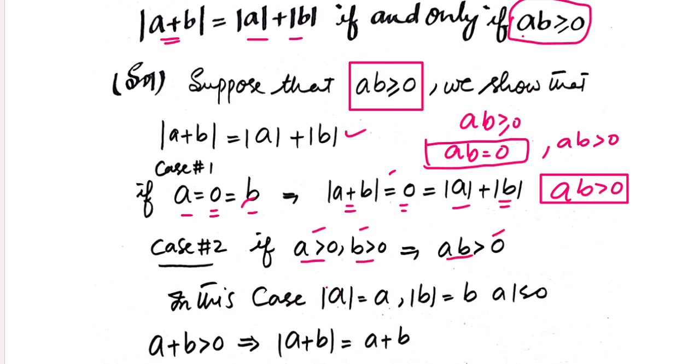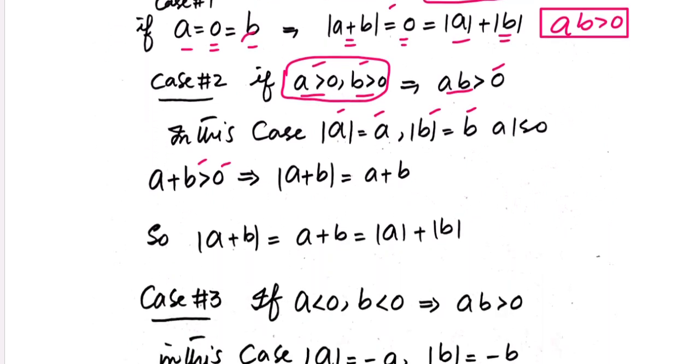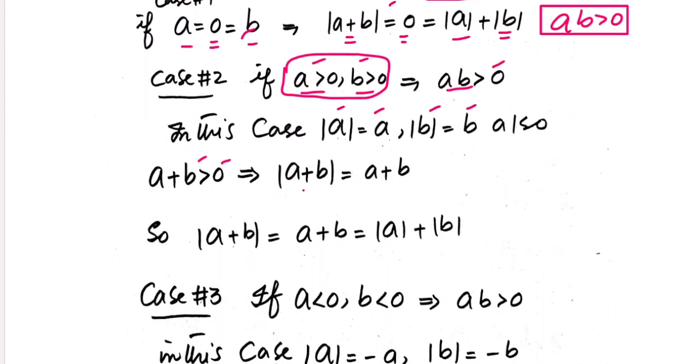As a is greater than 0, in this case its absolute value is equal to a, and the absolute value of b is equal to b. As a and b both are positive, their sum a plus b is also positive. So if a plus b is positive, then clearly its absolute value is equal to a plus b. So |a plus b| is equal to a plus b, as a is equal to |a| and b is equal to |b|, so equality holds.